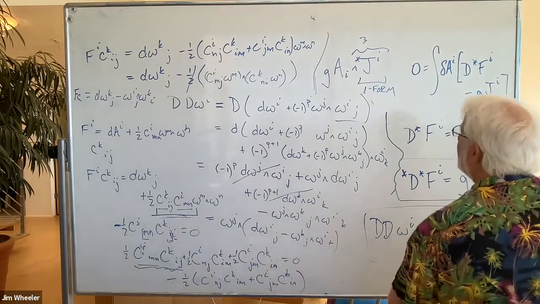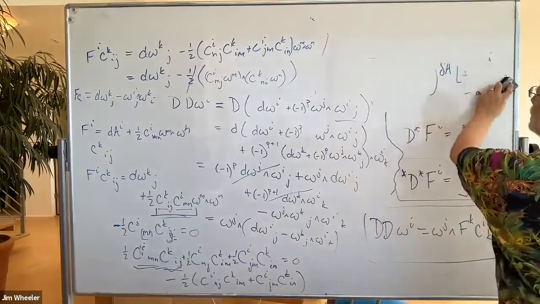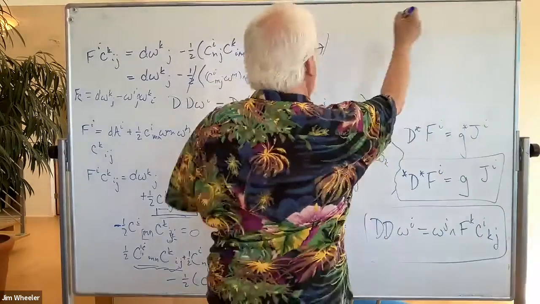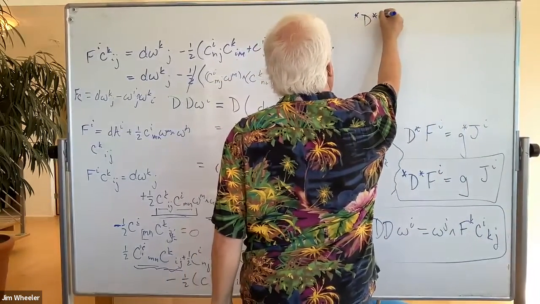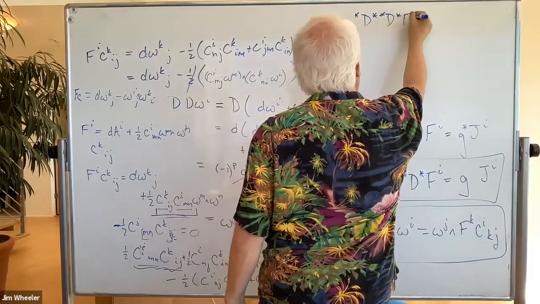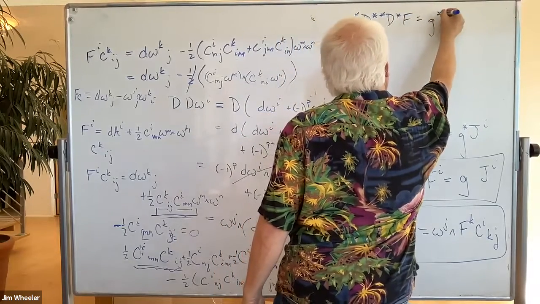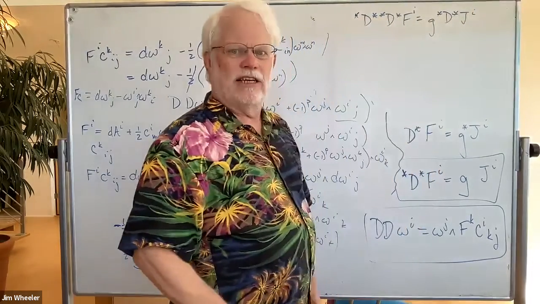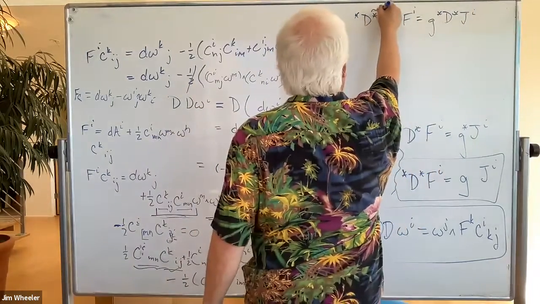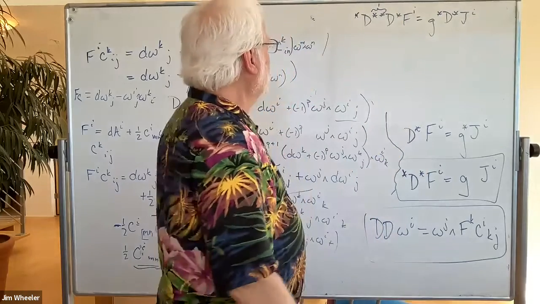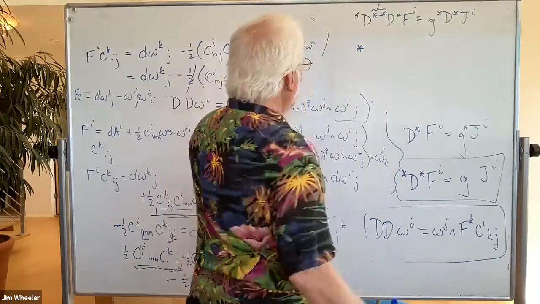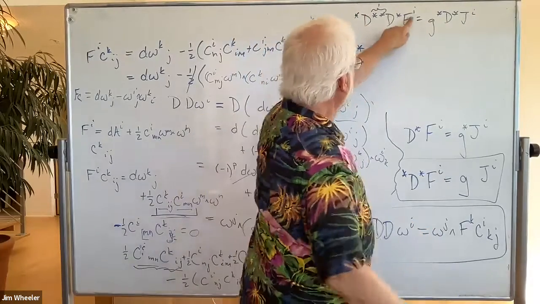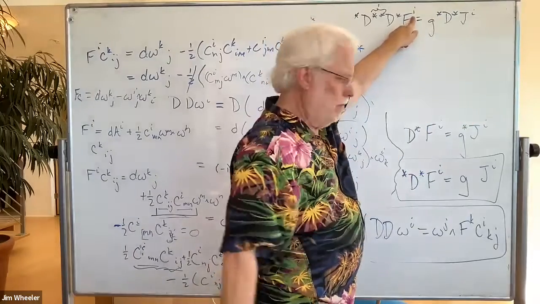Okay, so now, look at all this stuff. What can I erase here? Let me come up here. So the thing we were doing, we had said star D star star D star F equals G star D star J. Right, you were working on that identity. The two Hodge duals give 1. So now we have a star and then D squared of star F. Well, the D squared, that's still a Lie algebra valued something form.